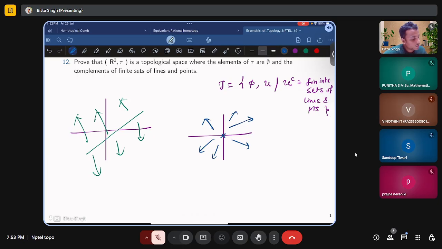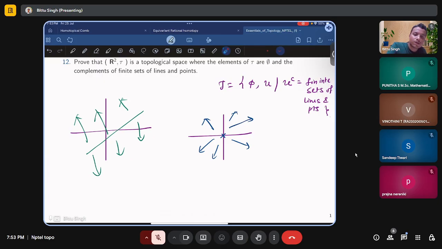Nothing is also finite, it has size 0. So you may not take the complement of anything, and you will get the whole R2, right? So R2 is there and empty is already there. Now we need to check whether arbitrary union and finite intersection are there or not.